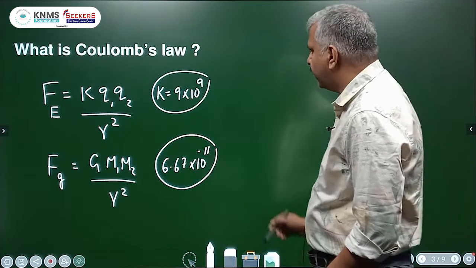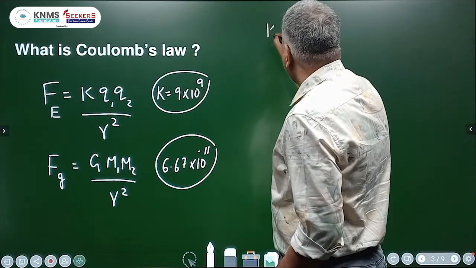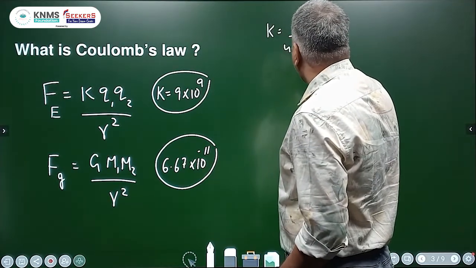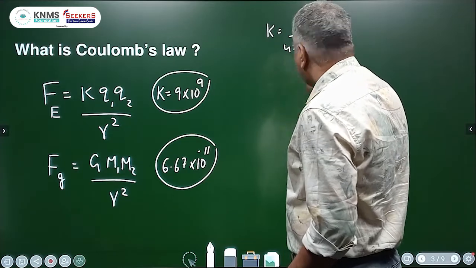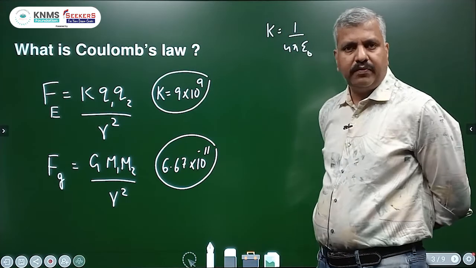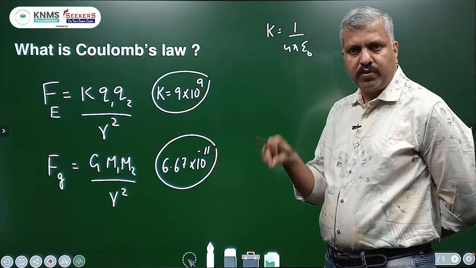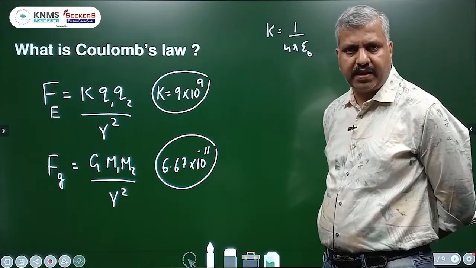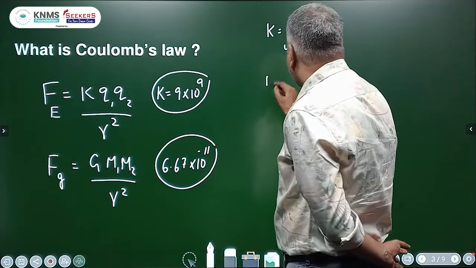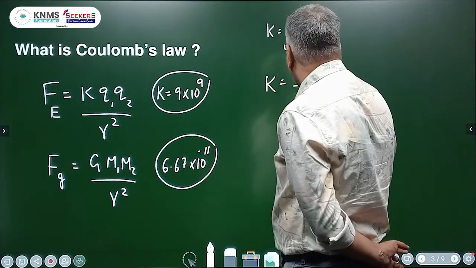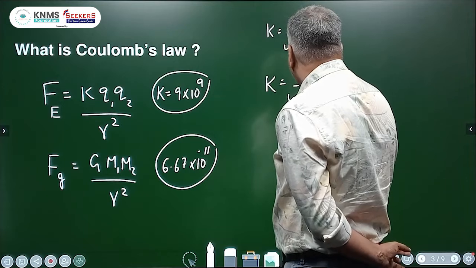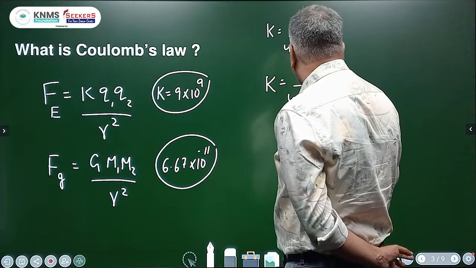So, let us understand this. K is equal to 1 by 4 pi epsilon naught. So, this epsilon naught is called the permittivity of free space. Suppose you have these charges in some other medium, then I can say that K is equal to 1 by 4 pi epsilon R into epsilon naught. Okay.